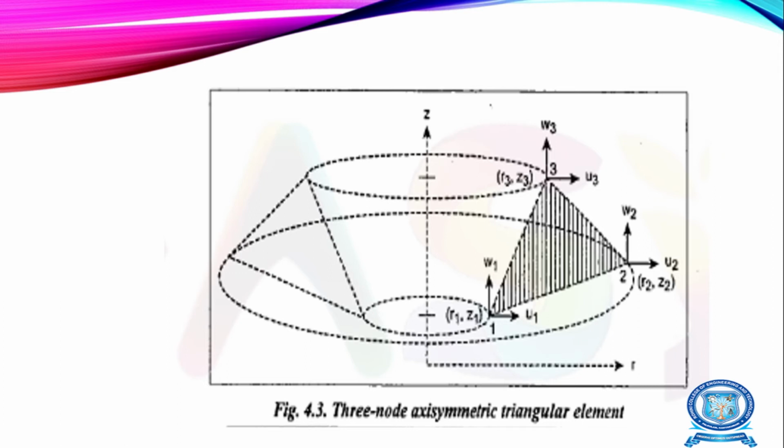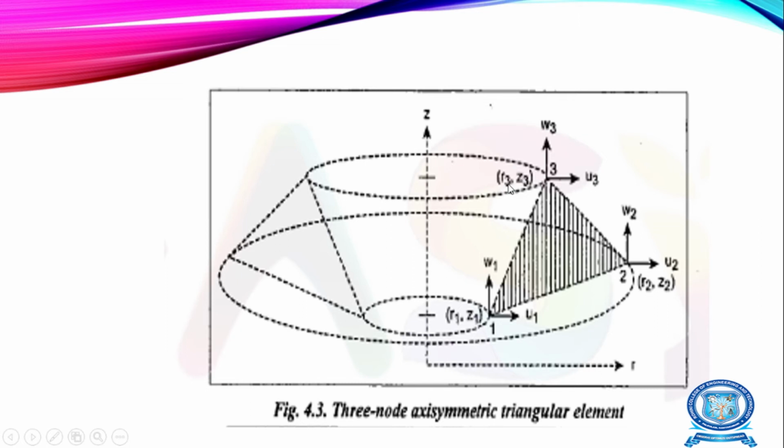Here we are taking this triangular element. This triangular element has 3 nodes. We give the node numbers as 1, 2 and 3, and it has 6 displacements: u1 w1, u2 w2 and u3 w3, and its coordinates are r1 z1, r2 z2 and r3 z3.